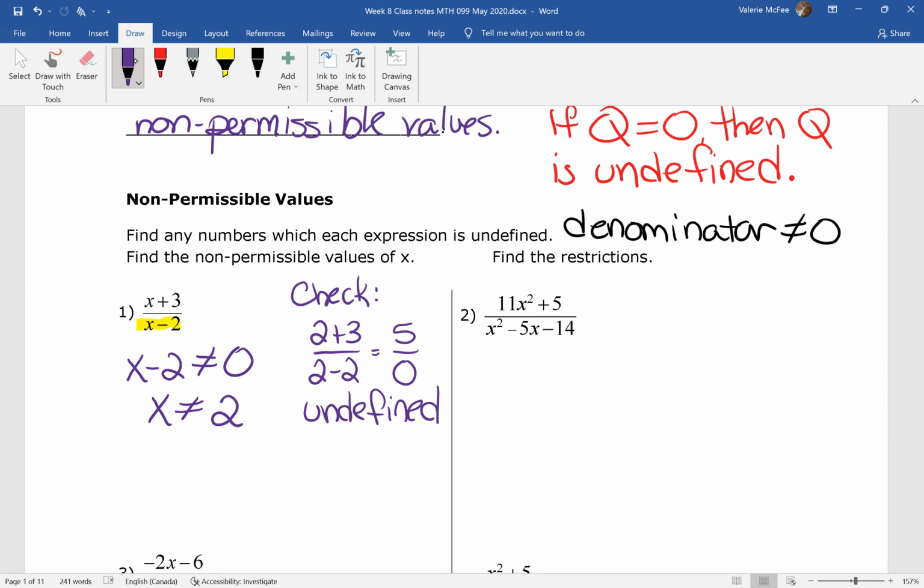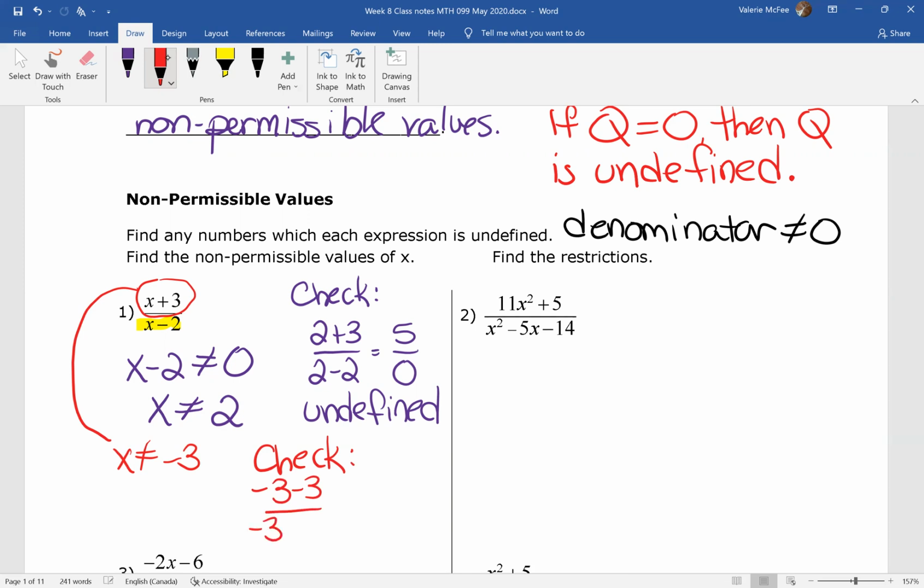Now, sometimes people forget what I'm saying here, and they look at the numerator, and they say, oh, wait a minute, x cannot equal -3. Well, let's check that. If x is -3 and we substitute that in, oops, that's a -3 plus 3, we end up with 0 over -5.